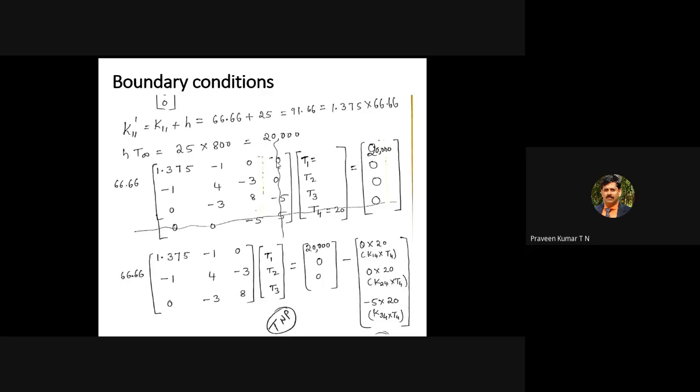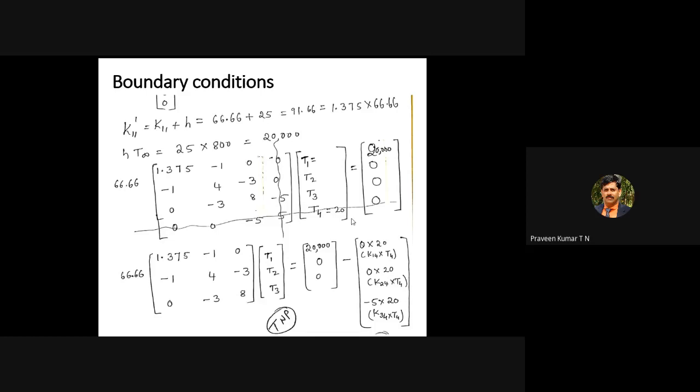The shortcut method is this: you are eliminating this row, so this is K31, K14. This K14 goes here, K14 into T4, since you are applying the boundary condition at node 4, that is T4. The second term is K24 into T4, and the third term is K34 into T4. That detail is already solved.